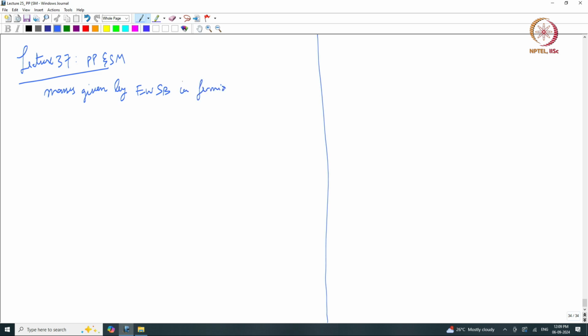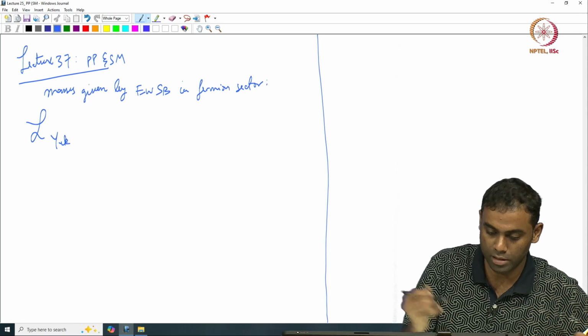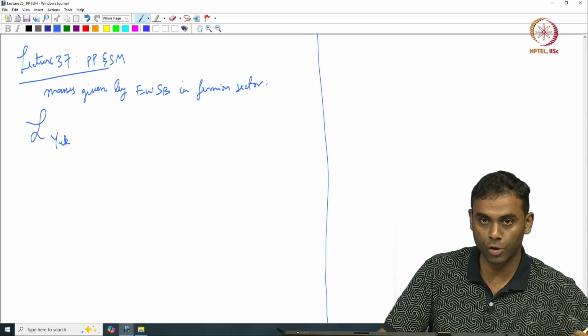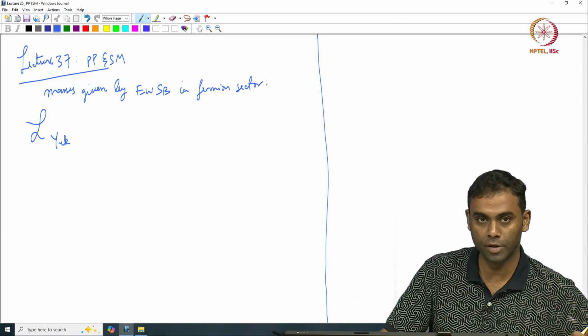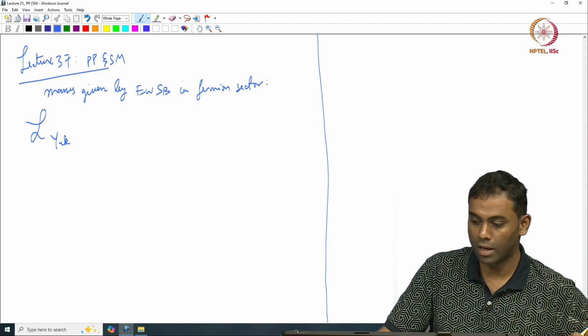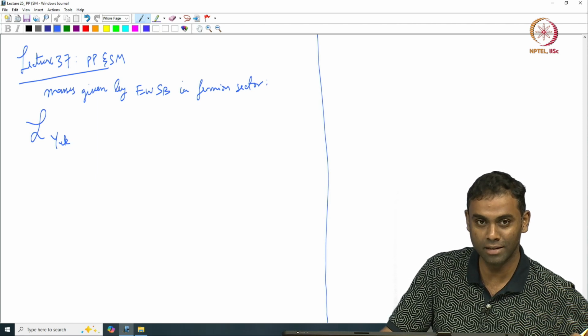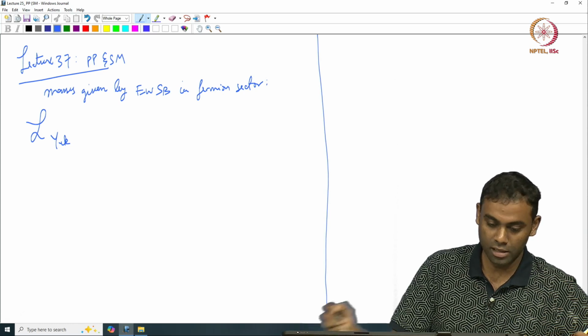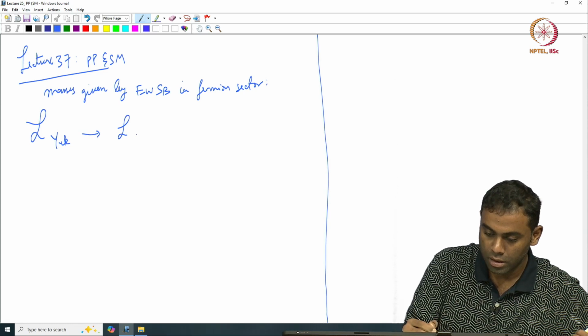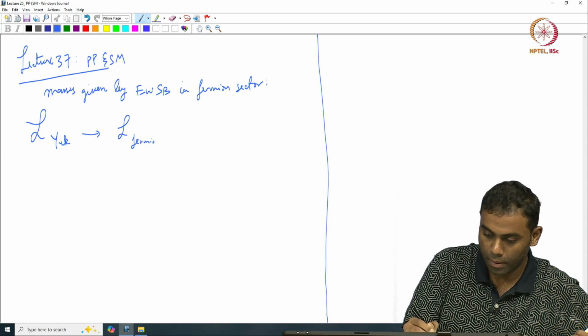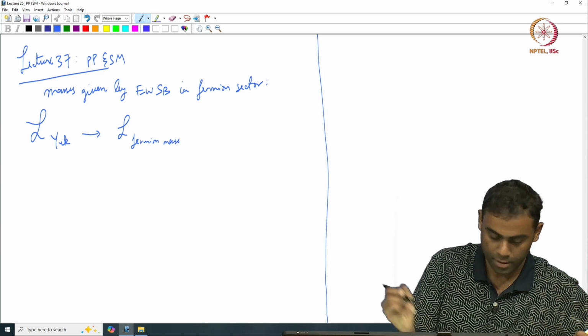We already saw the gauge sector, now we are going to go to the fermion sector. So, where could the masses come from? Literally it should come from the Yukawa couplings. Remember we wrote the Yukawa couplings between the fermion states and the Higgs field, the Higgs doublet. So that is literally what would give rise to fermion masses also.